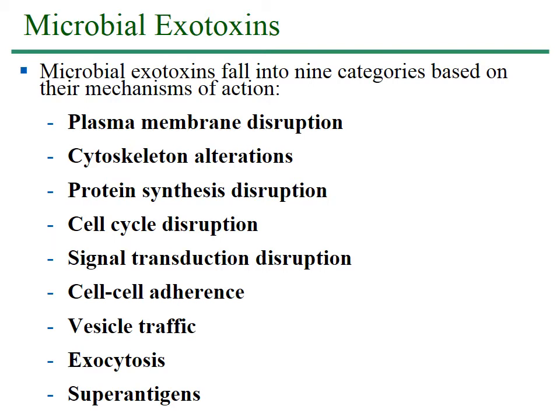We can also have effects to the cytoskeleton. If we're talking about a eukaryotic cell, that cytoskeleton is very important for maintaining the shape and structure of the cell. So if we disrupt that, the cell is not going to be able to function as it normally would.